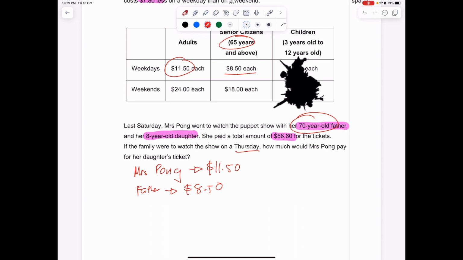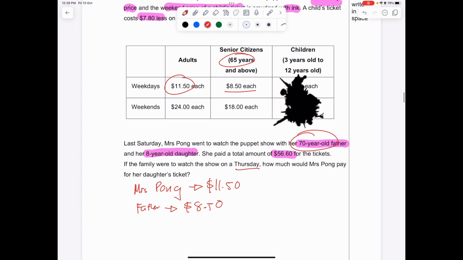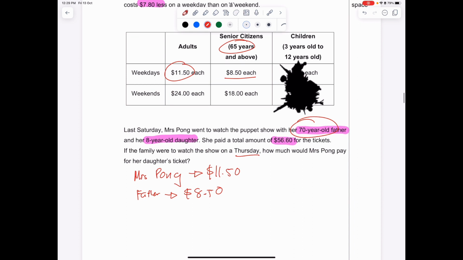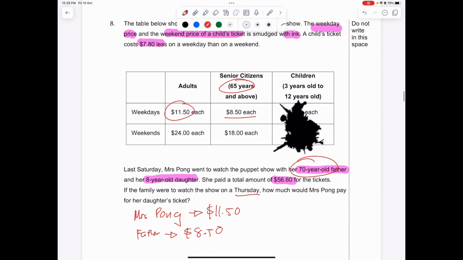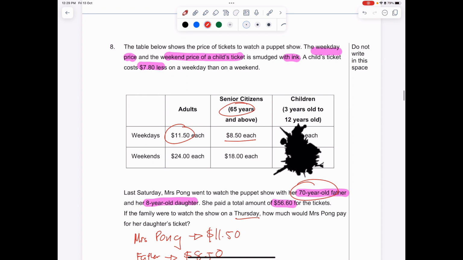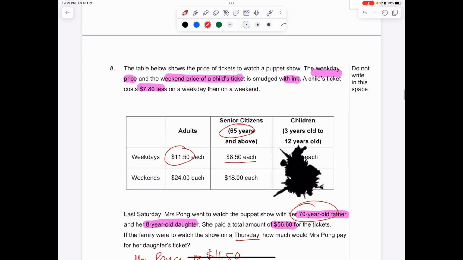So in this case, what you need to do is you first need to take, excuse me, sorry. Hold on, the weekday price, the weekend price merge.